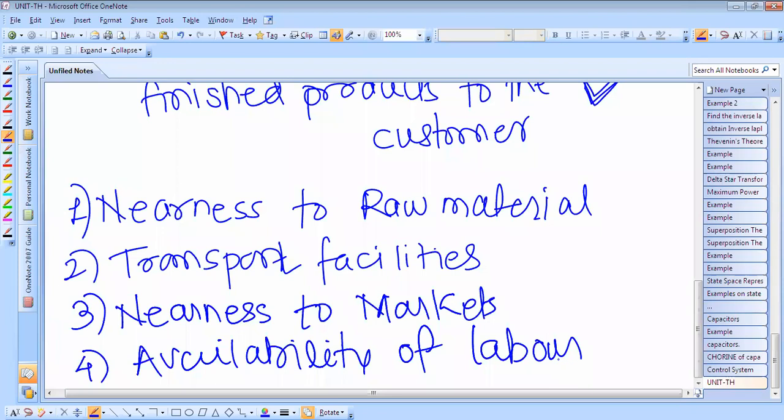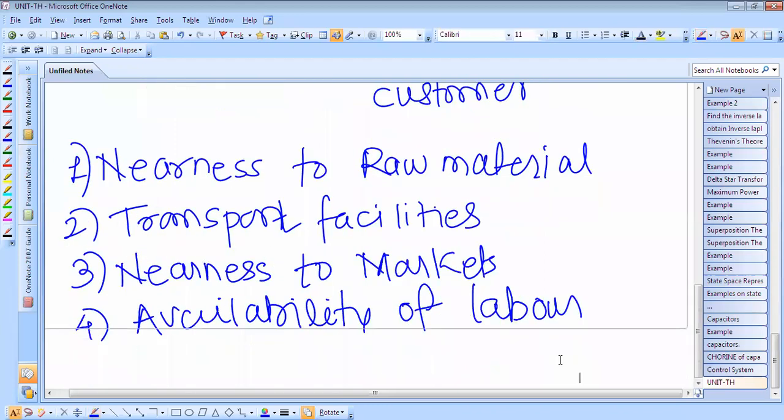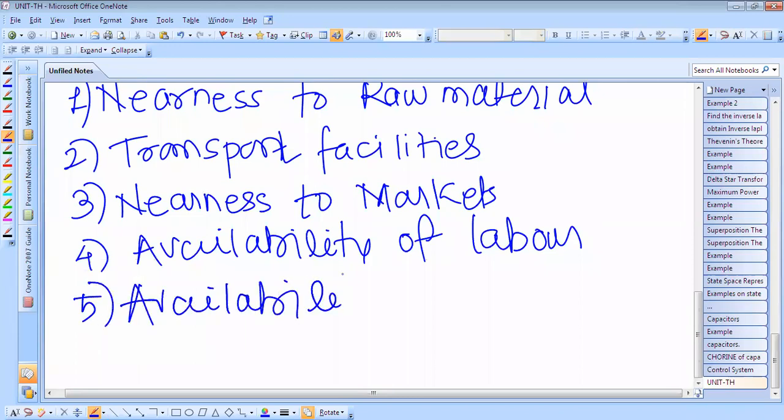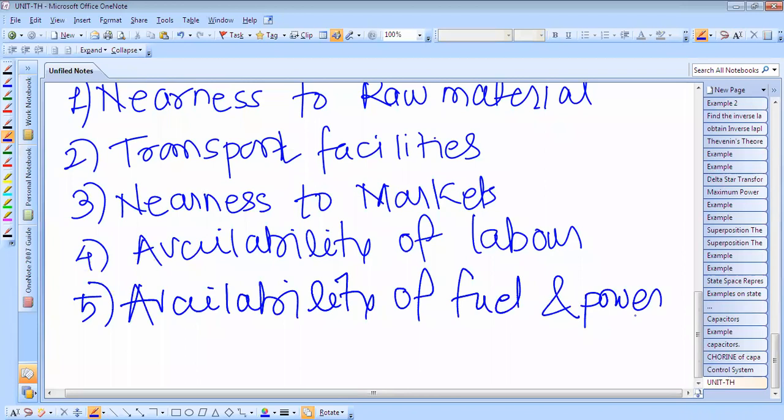Next point is the availability of fuel and power. This is also very important. Because of the widespread use of electric power, in most cases fuel has not remained a deciding factor of plant location.